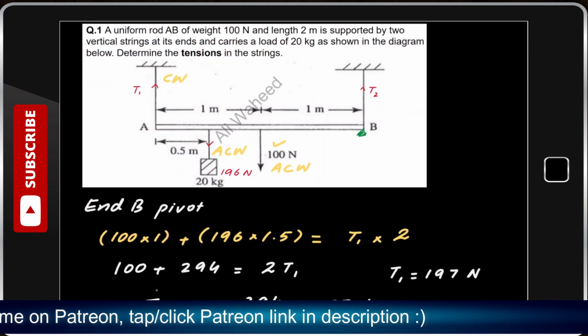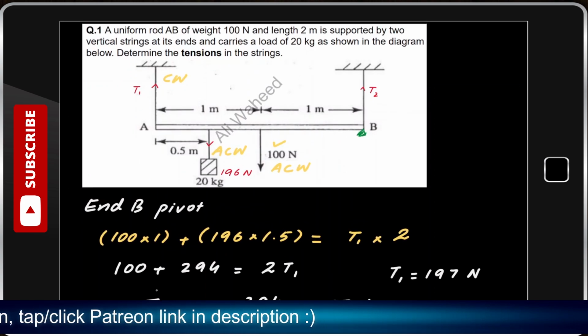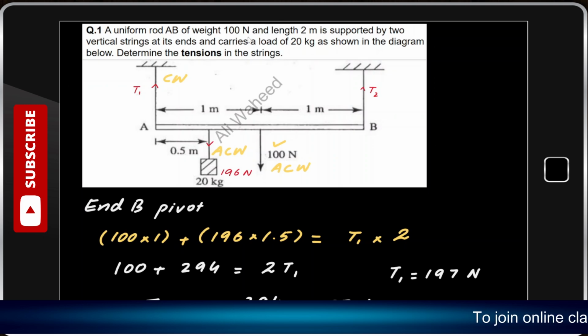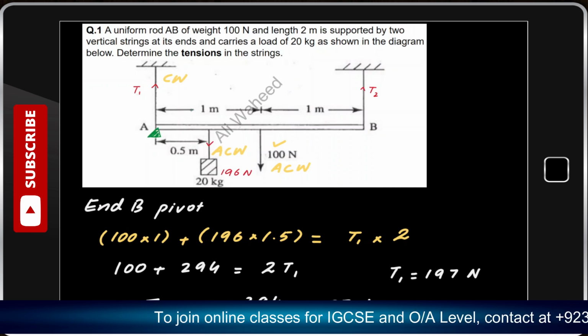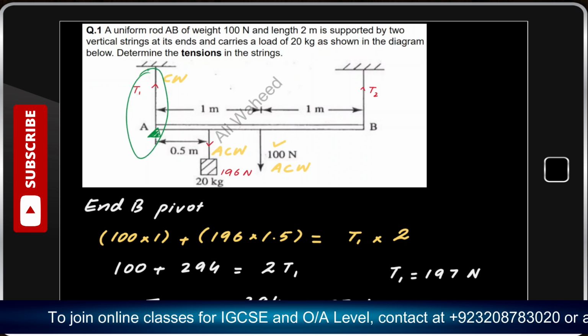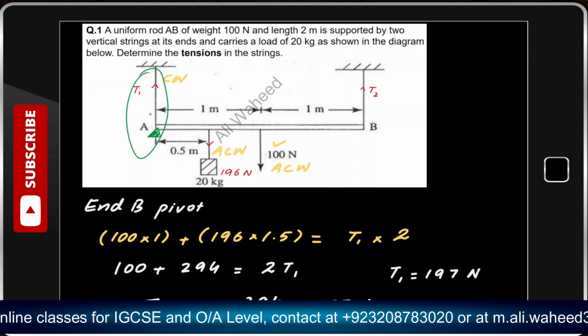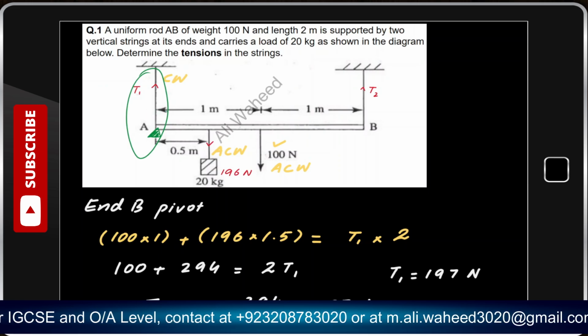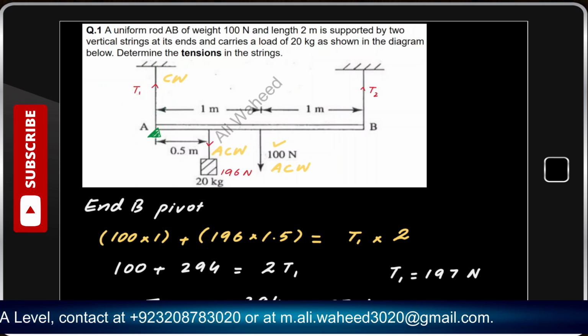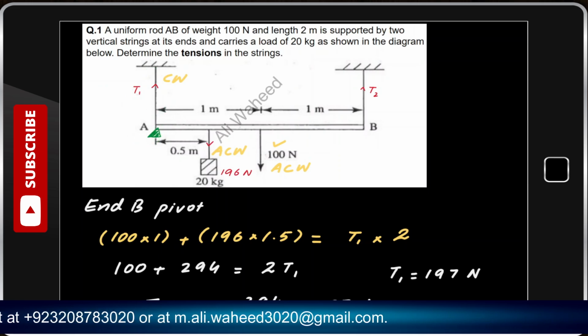Now there are two possible ways you can find the value of T2. The first way is the same method, but in this case, if you need to find T2, consider the other end as the pivot. So in this case, end A is the pivot. Now this force, since it is passing through the pivot, will not produce any moment of force. Now this is my reference.